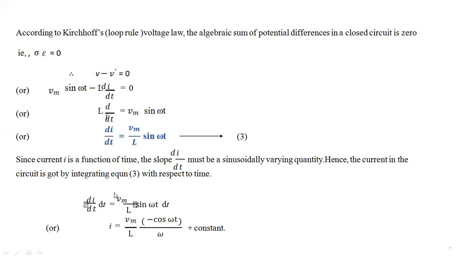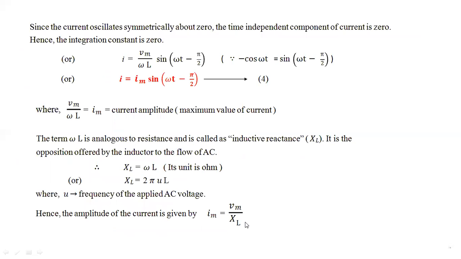Vm upon L is a constant, and the integration of sin omega t is minus cos omega t upon omega. So I is equal to Vm upon L into minus cos omega t upon omega, plus a certain constant.